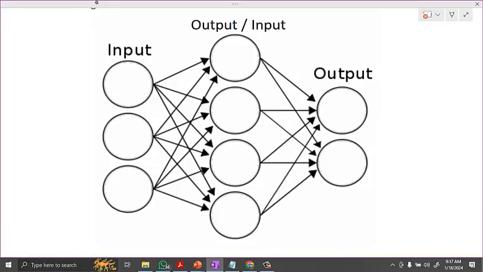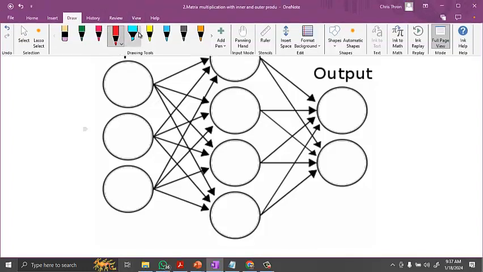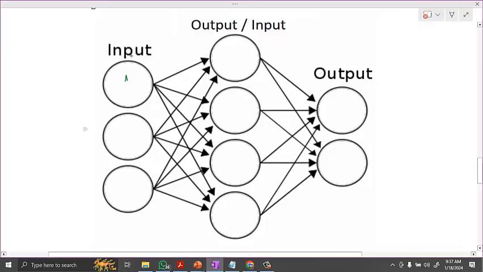Now, let me just label the inputs and outputs by numbers. So this is input 1, input 2, input 3. This would be intermediate 1, 2, 3, 4, and this would be output 1 and 2.